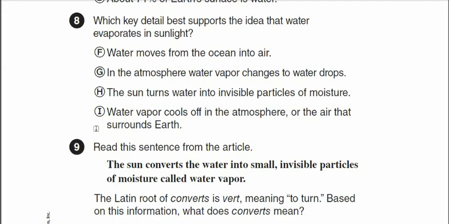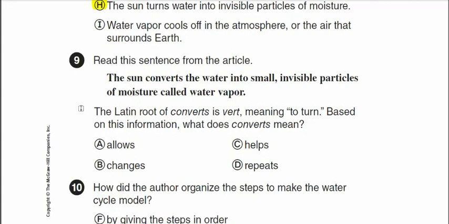I, water vapor cools off in the atmosphere or the air that surrounds Earth. Here about the sunlight and the water vapor, so it will be letter H, the sun turns water into invisible particles of moisture. The answer here for number 8 is letter H.